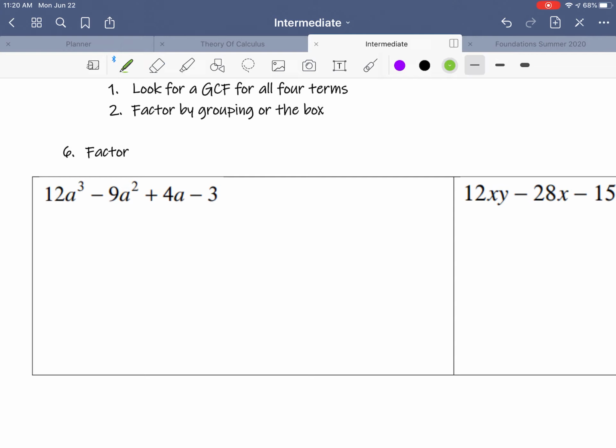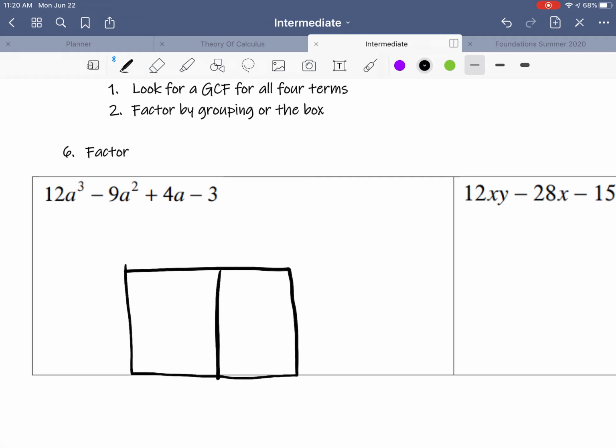So sometimes with grouping, you can get lost with the numbers and the signs and stuff. So I'm going to draw a 4 square box here, a lot like a Punnett square. And inside the box, I'm going to write my 4 terms with their signs.